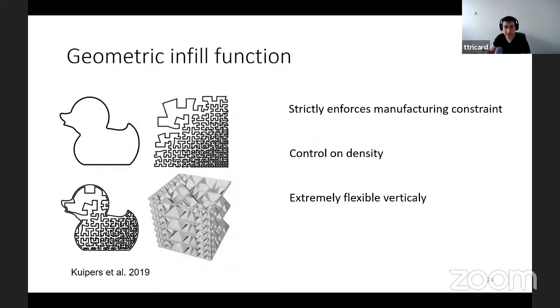So to go around that, researchers such as Kuipers and colleagues proposed to design infill functions such that they strictly enforce a manufacturing constraint. So you have an example here that allows you to control the density of the infill you want, and that results in a very flexible material.